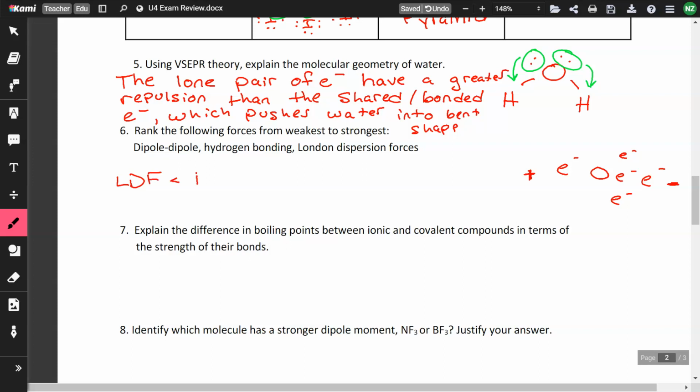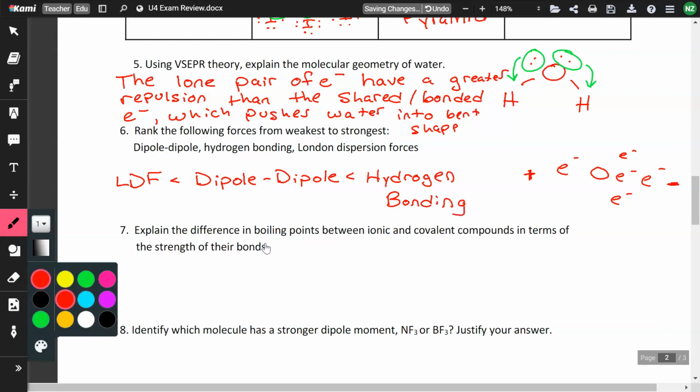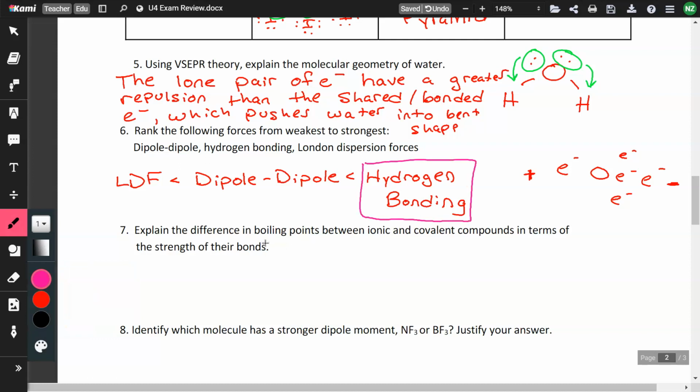And then we're going to have dipole-dipole. Dipole-dipole is a permanent dipole. It's a lot stronger. It's not sketchy. So it's going to be stronger here. And then you have hydrogen bonding. Now, just a real quick recap here. For hydrogen bonding, you have to have one of these 3 combinations.